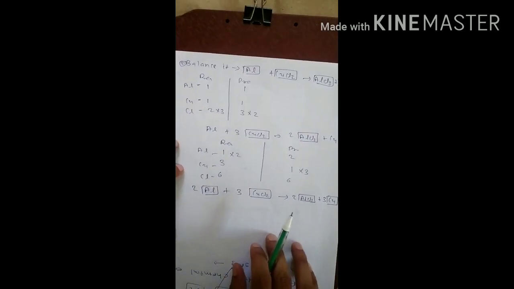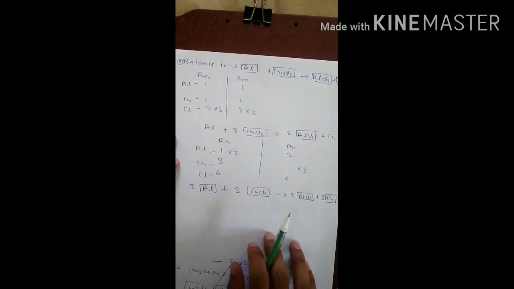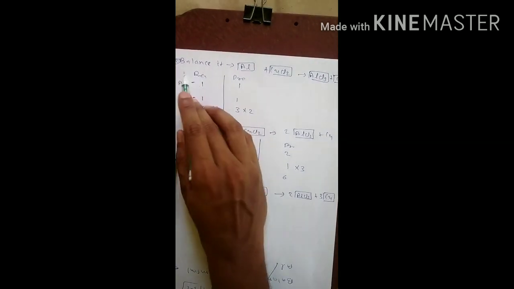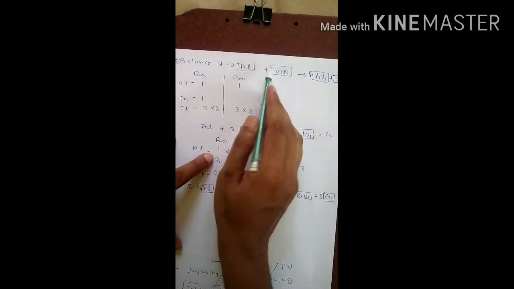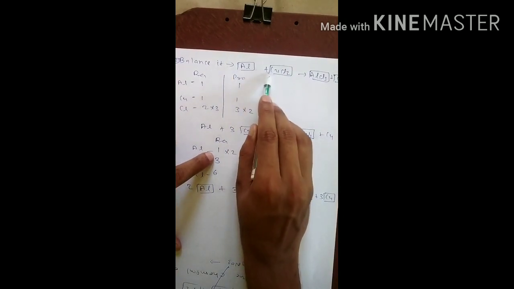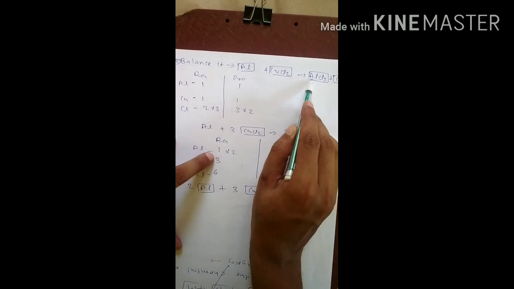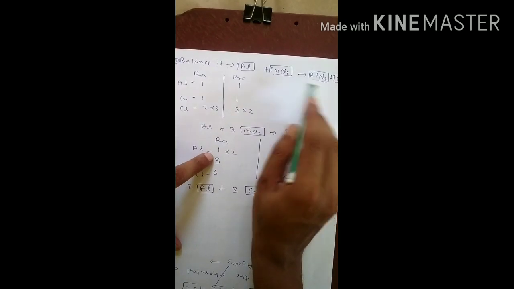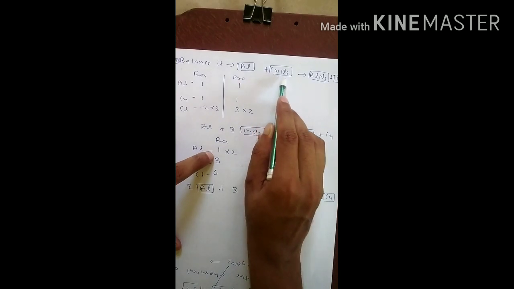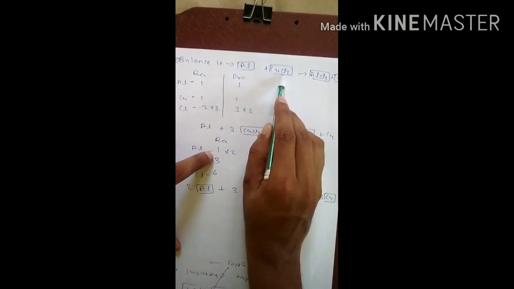Now the second question is like this. Balance the chemical reaction. The chemical reaction given is Al plus CuCl2 gives AlCl3 plus Cu. Al is aluminium, Cu is copper, Cl is chlorine.